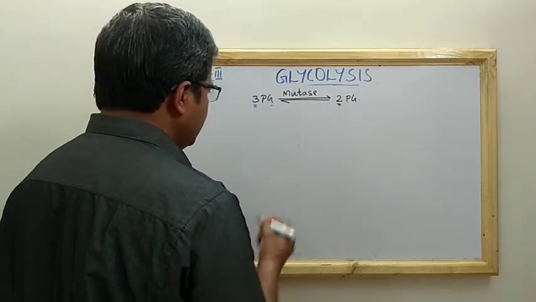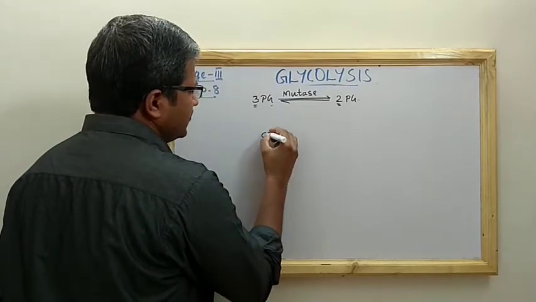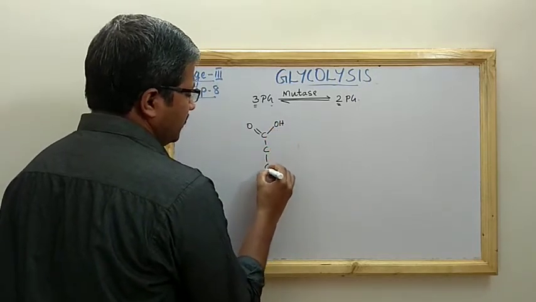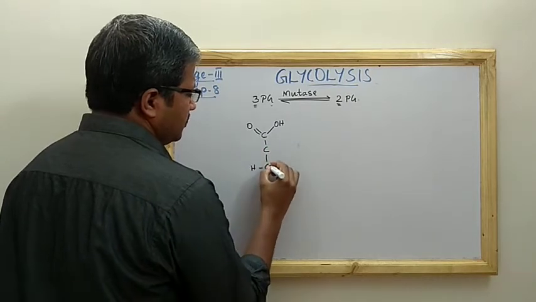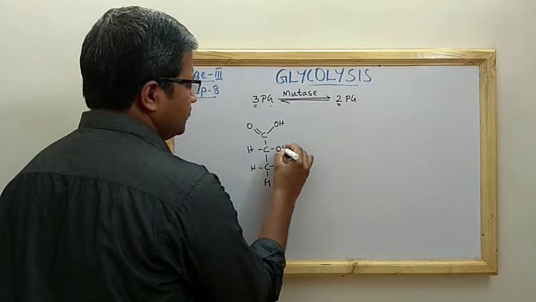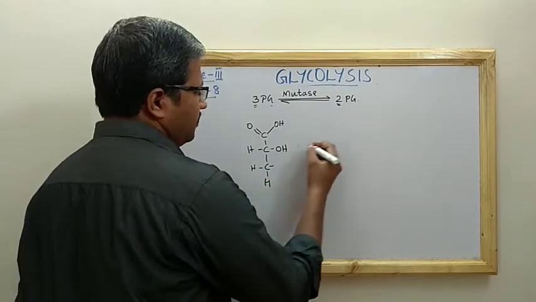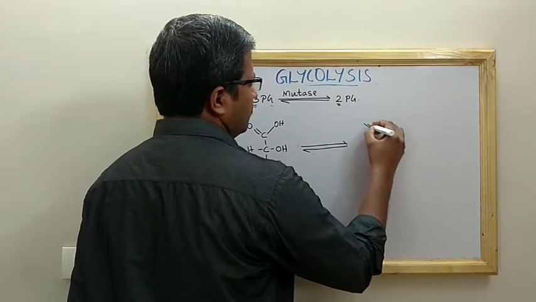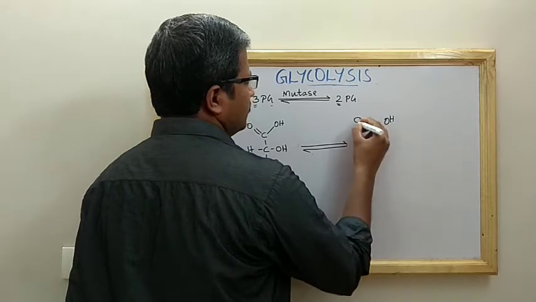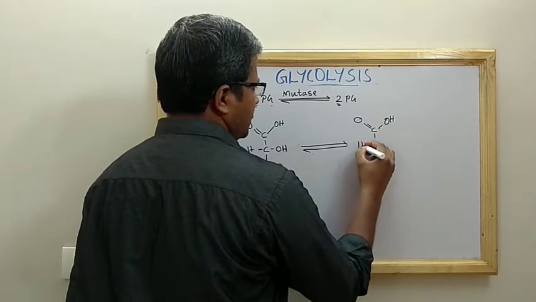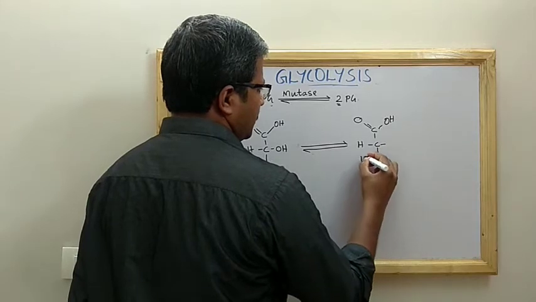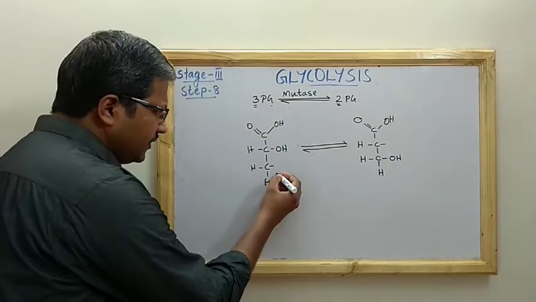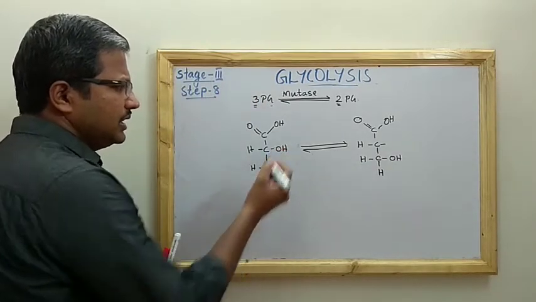So we can see the reaction. We know that the 2-phosphoglycerate is OH, double bond O, C, CH, H, H, OH. We'll be filling the phosphate later. The same thing, C, double bond O, OH, C, H, C, H, OH, H. So from this point, it is changing into the second compound.